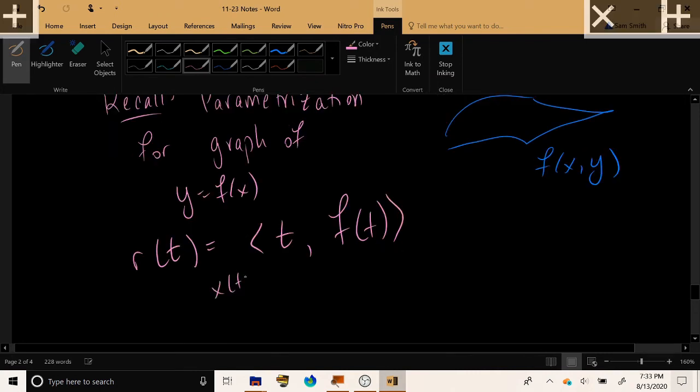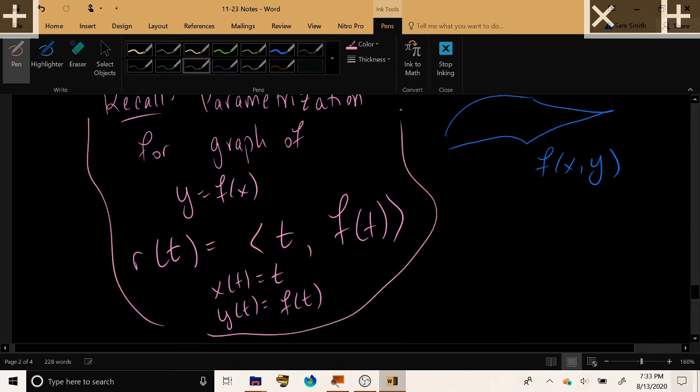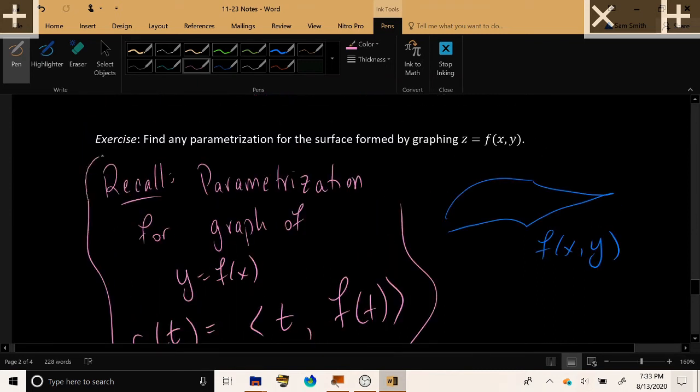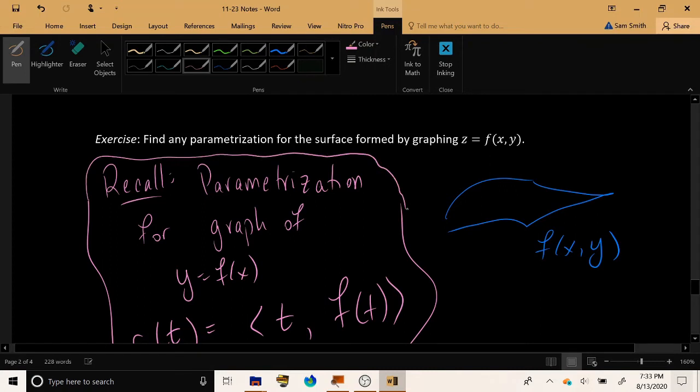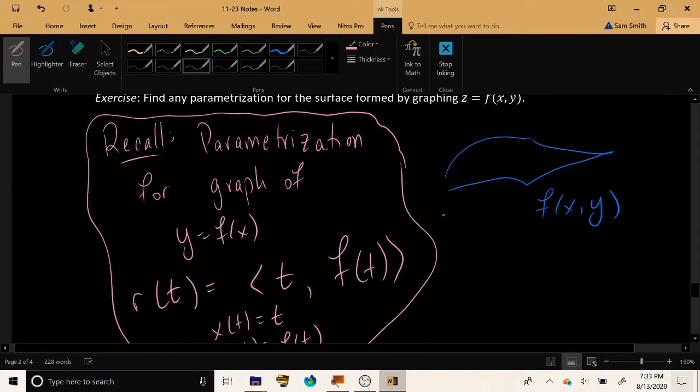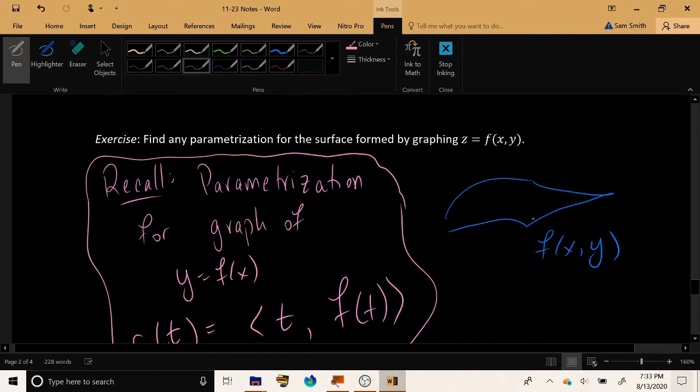So x of t was equal to t, and y of t was equal to f of t. This was in Calculus 3 that we determined a canonical, clear, easy, cheap parametrization for the graph of a function of one variable.